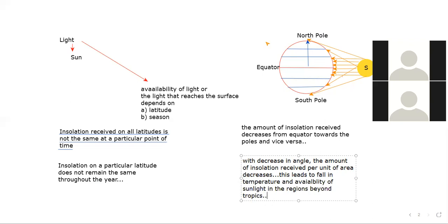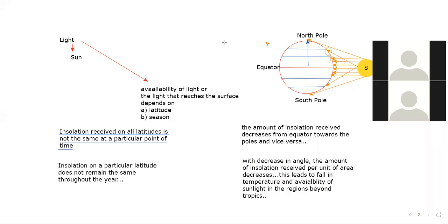Because the sun rays are vertical at the equator, one ray has to heat up only this much area, and here one ray has to heat up this much area.